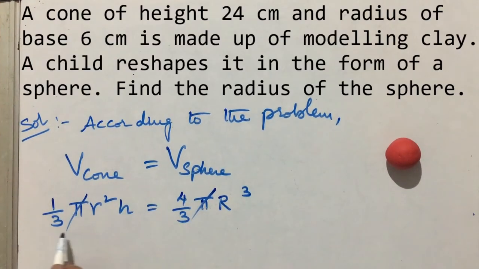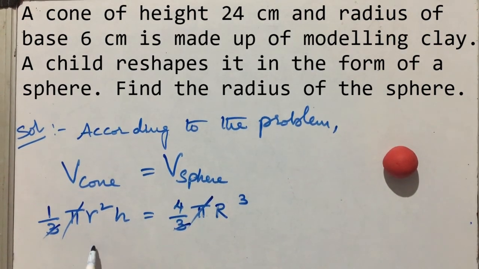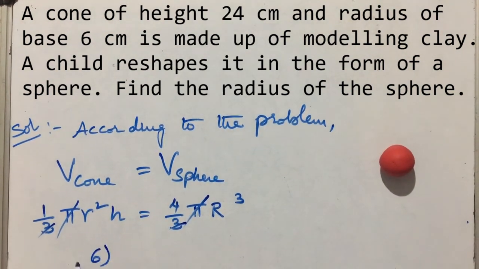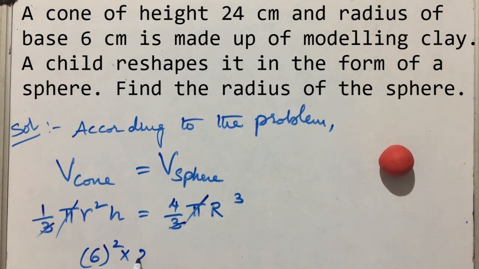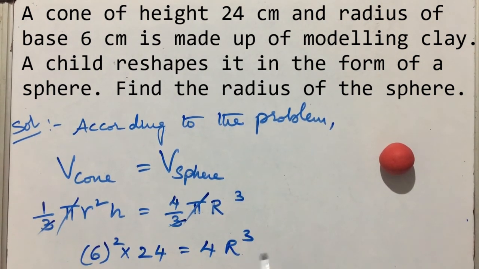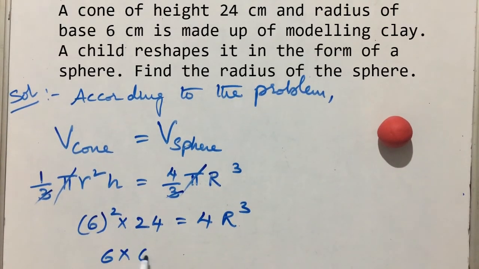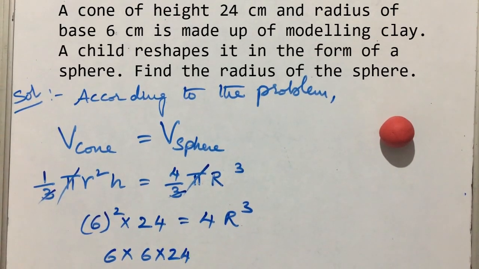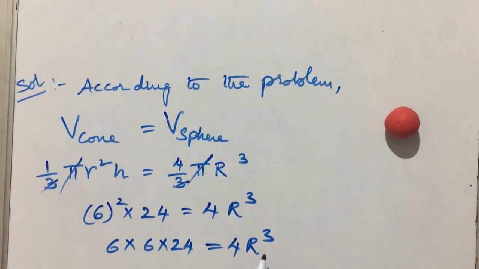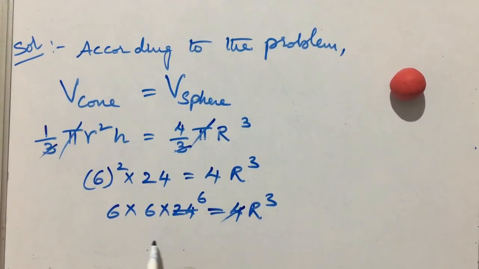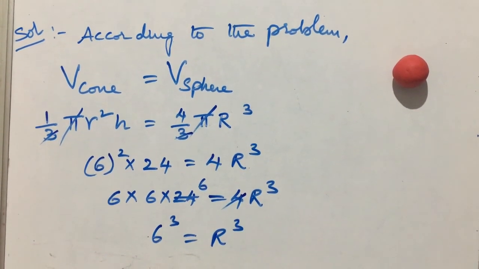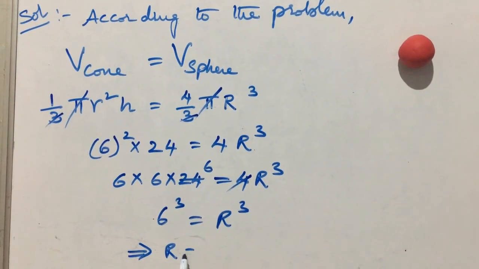So by 3 is there. You can cancel this one also. This R is nothing but, here it is given 6 square into this is 24 is given, is equal to 4 into r cube. So 6 into 24 is equal to 4 into r cube. 4 here 6 times it goes, it is nothing but 6 cube is equal to r cube, implies r is equal to 6.